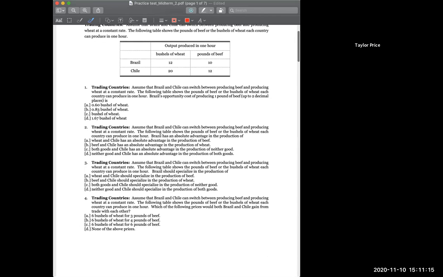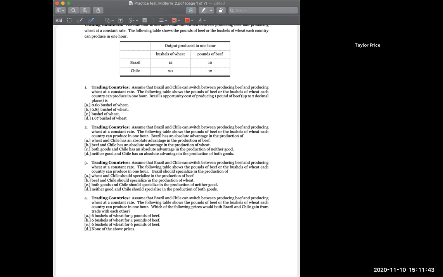Okay. So question 2 is once again asking about trade and basically saying that you're assuming that Brazil and Chile can switch between producing beef and producing wheat at a constant rate. So the table above shows the pounds of beef or the bushels of wheat each country can produce in 1 hour. So Brazil has an absolute advantage in the production of what?